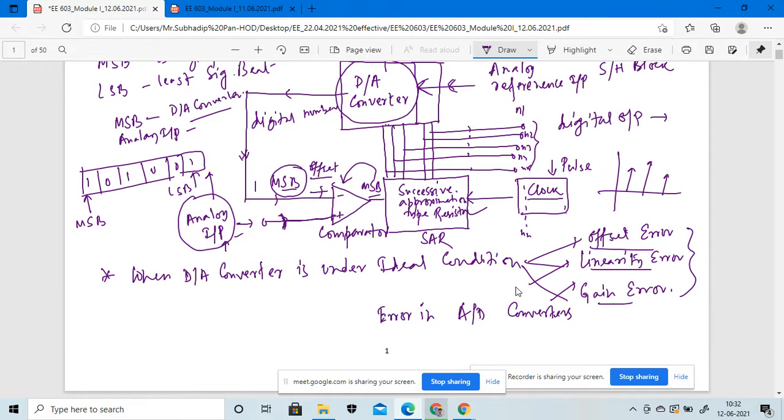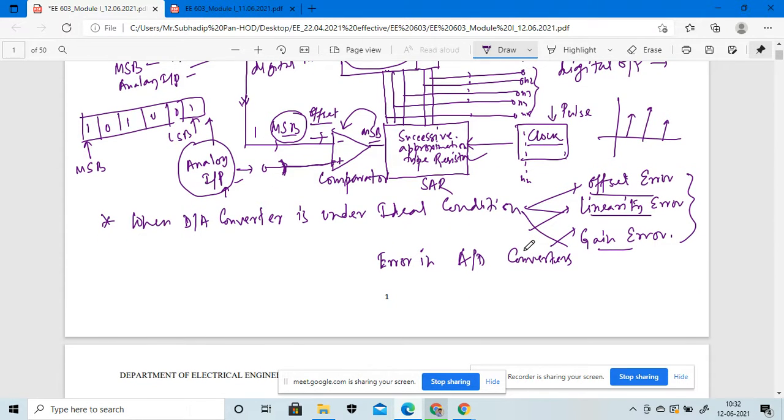So what will be my characteristics curve when several errors occur inside the process? The first error is my offset error. So in case of an offset error, what will be my characteristics curve during the process? In the linearity error, what will be my error that comes? And in the gain error, when this particular error comes, what will be my characteristics curve? That thing we have to discuss, right?